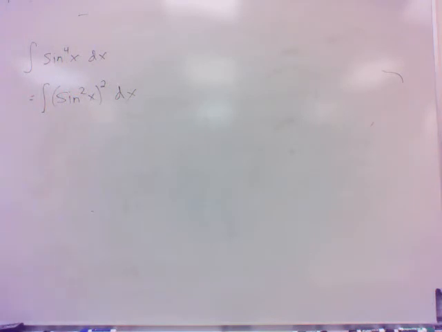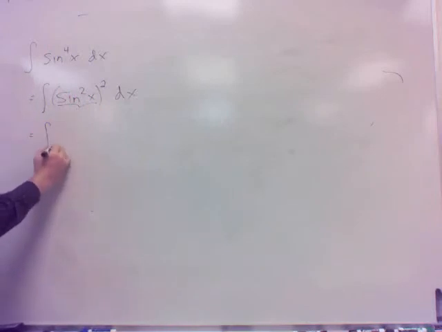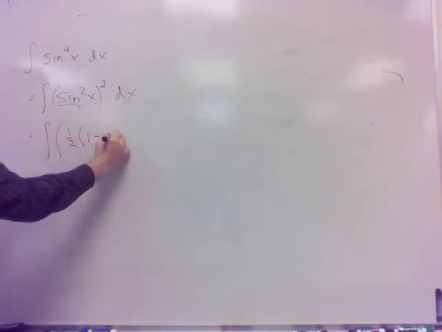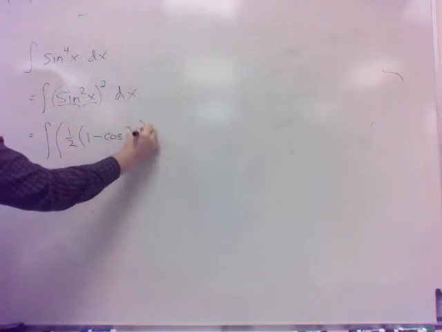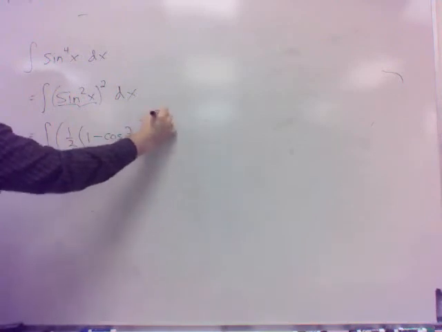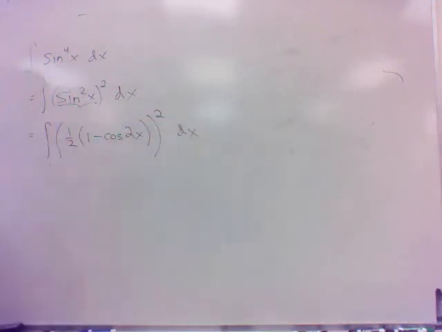Then again, I'm going to substitute here the double angle, which I think I finally figured out, is 1/2 times 1 minus cosine 2x. But then I've got to square that, dx. Yeah, this one's really going to get a little bit long.